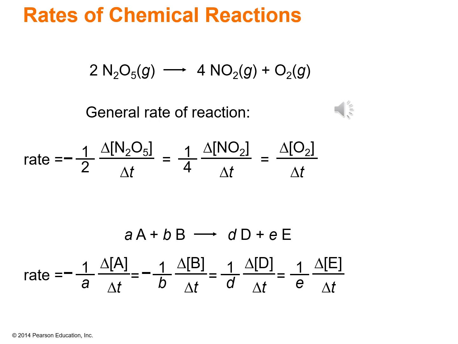Therefore, the rate of formation of oxygen would be 1/4 the rate of formation of NO2 and 1/2 the rate of decomposition of N2O5. So looking at that, you can see how the actual rate of formation of NO2 would be 1/4 that of the rate of formation of oxygen and 1/2 the rate of decomposition of N2O5.